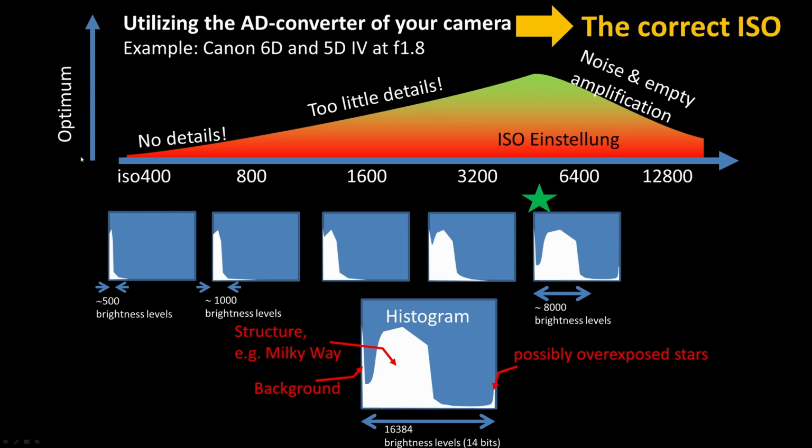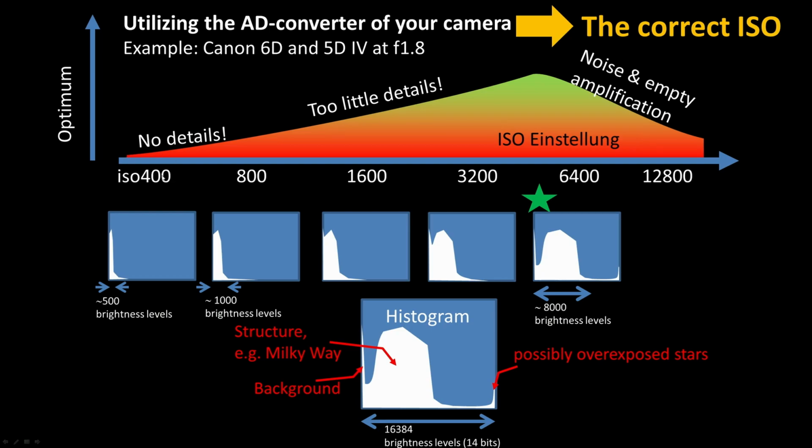Again, on the y-axis is how optimal I see this certain situation, and on the x-axis I have the ISO. Same game again. It should actually be a linear curve here, but it doesn't really matter.